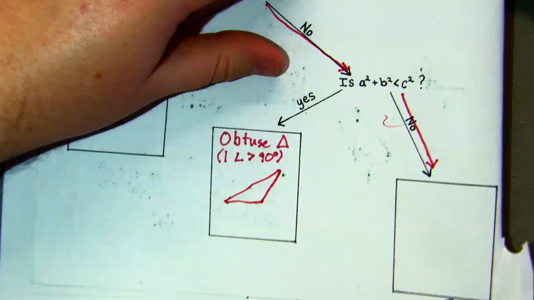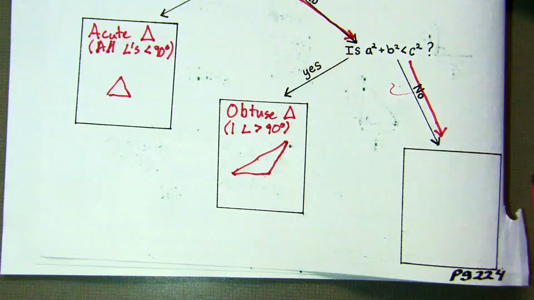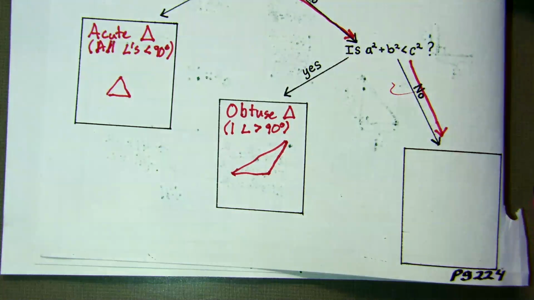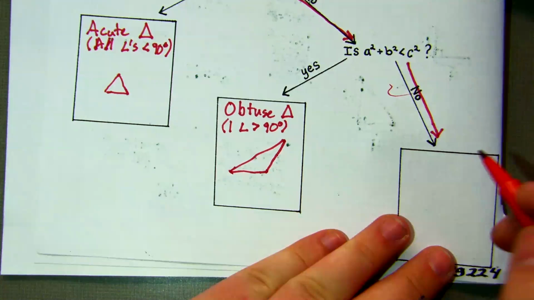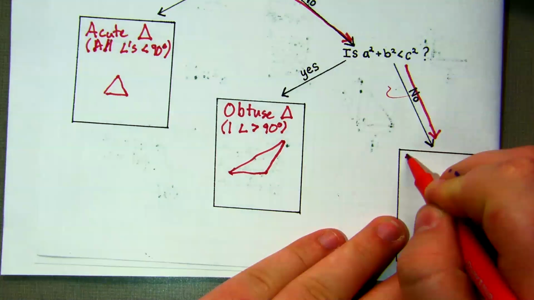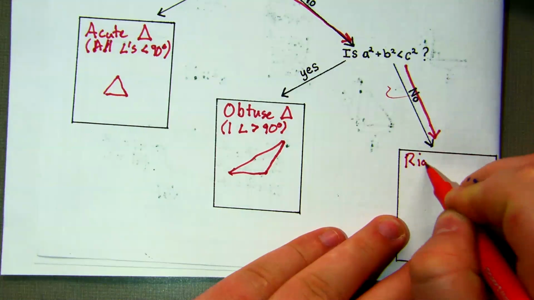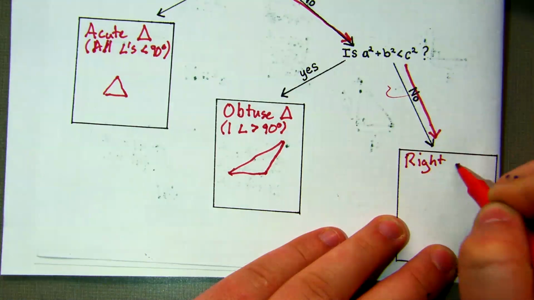So our last option is down here. This means if we get all the way down here, then we have a right triangle.